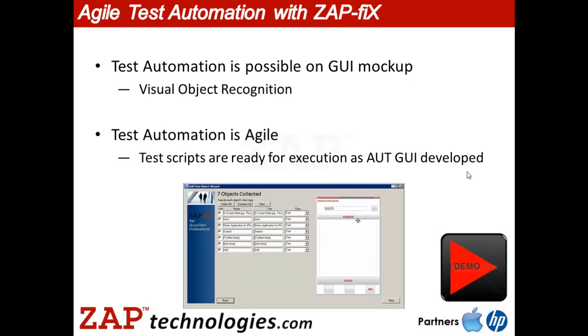Test automation is agile. Scripts are ready for execution as the application under test GUI is developed. So it tremendously extends test automation and adds value for using test automation technology, HP ALM, and the ZAP-fix add-in.